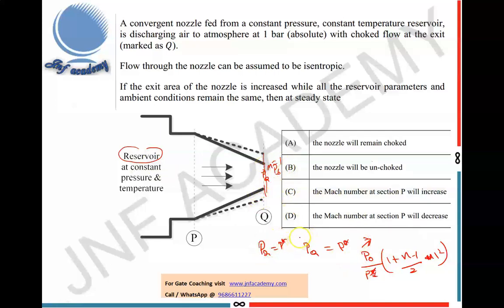Or your back pressure is equal to your critical pressure, hence your PQ, right? Unless you change your reservoir condition, your P star will not be moved.